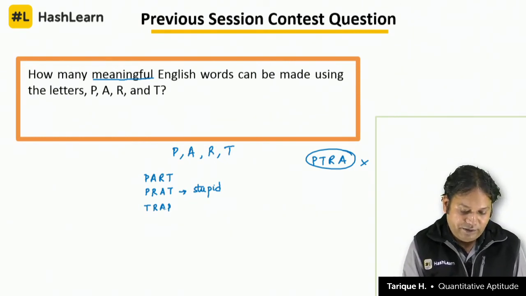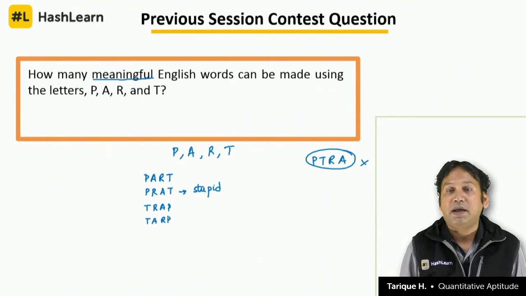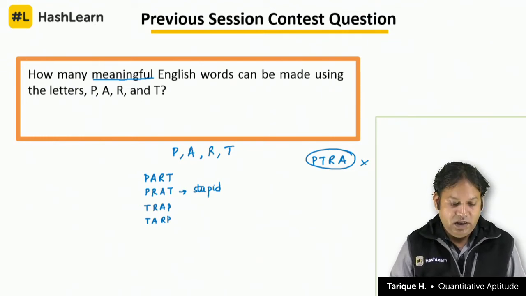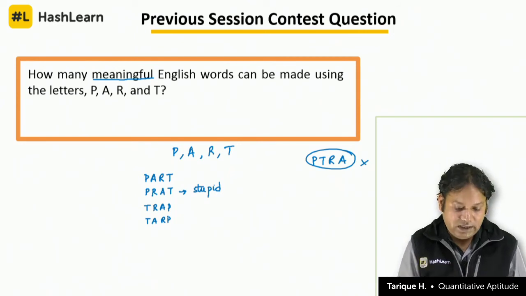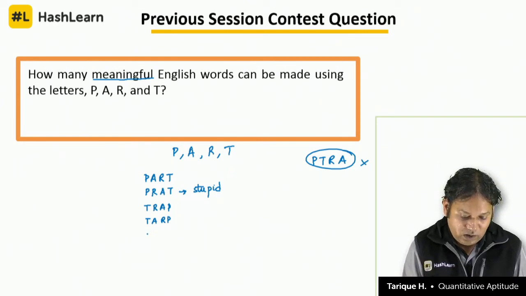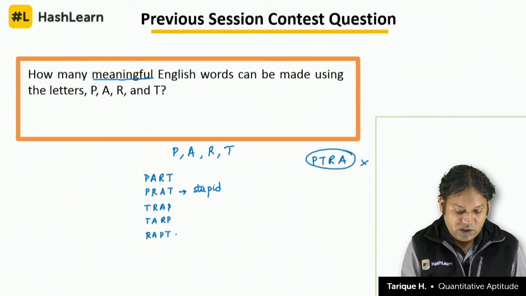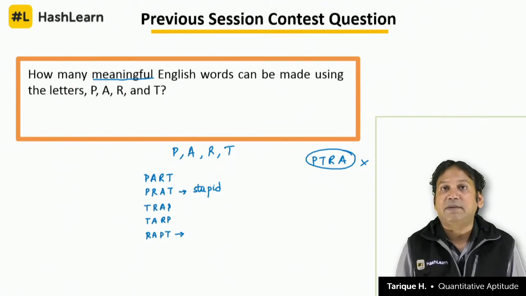Okay. So, trap, TRAP, and another word which is not used so much in India, but is common in the US is the word tarp, which is short for tarpaulin. It is kind of a plastic sheet that you put on top of buildings, that is a tarp. And then another word which is a genuine word, that is rapt. Rapt means you are spellbound or fascinated with something.